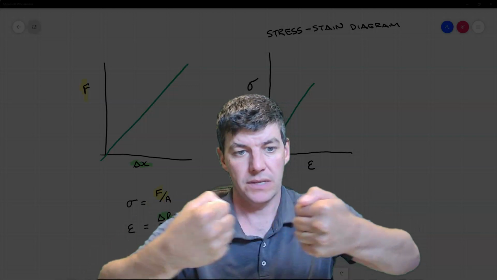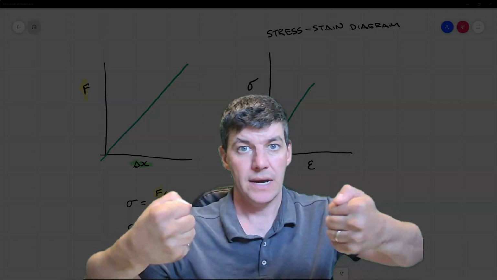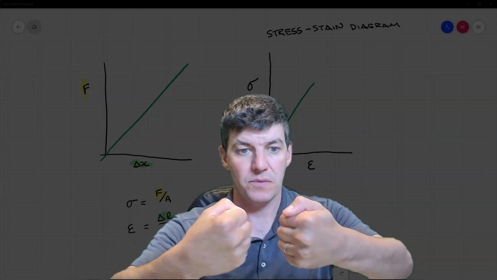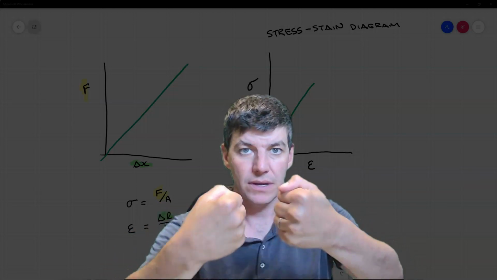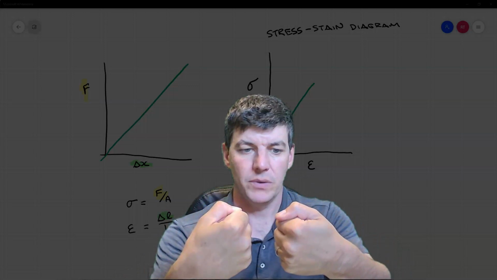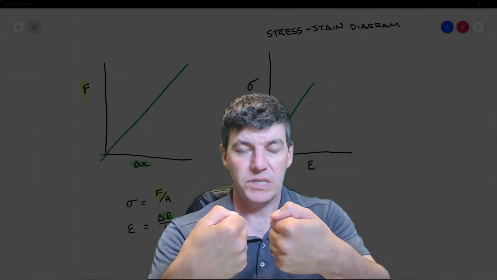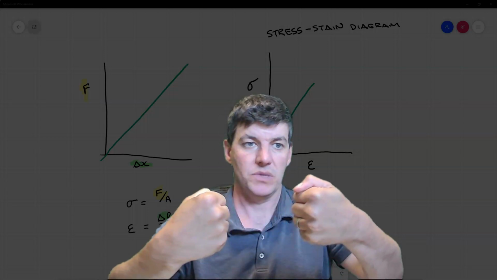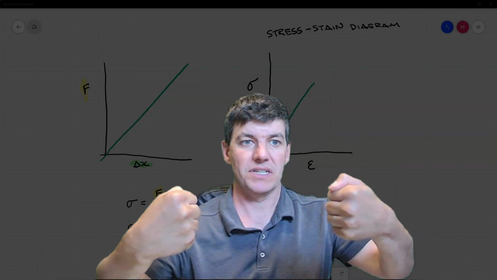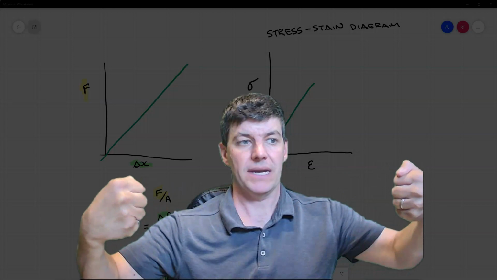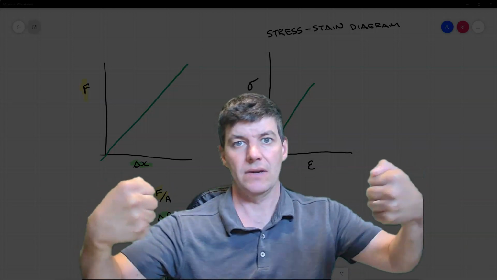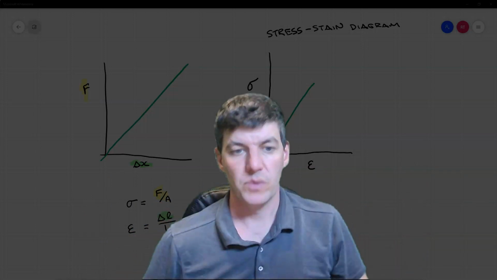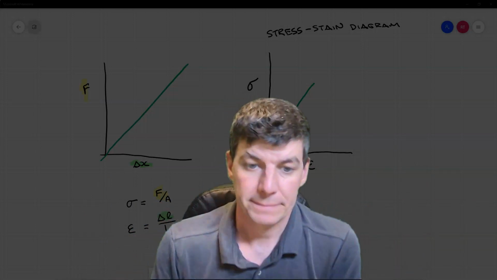In this spring zone, it can flex back and forth and will eventually get to its original point. However, if we stretch it too much, something happens within the material and it no longer is able to return back to its original point. We've deformed it.